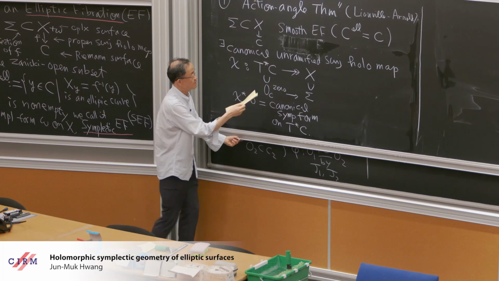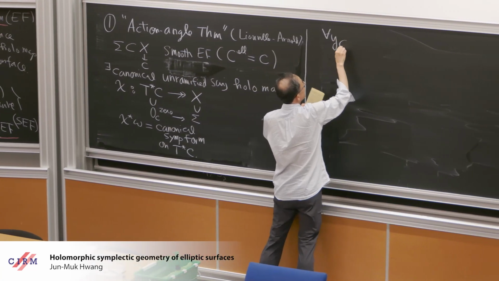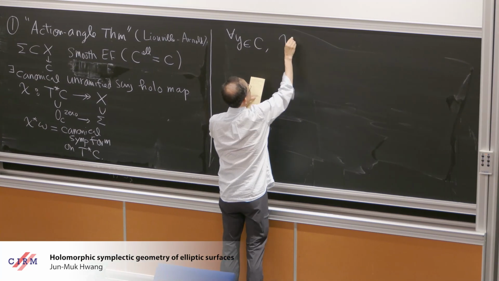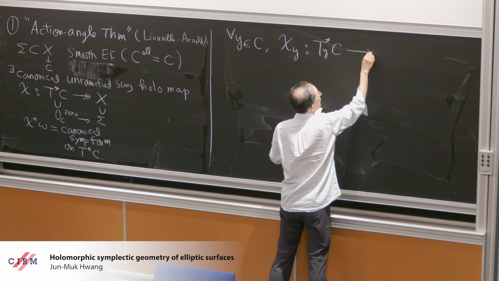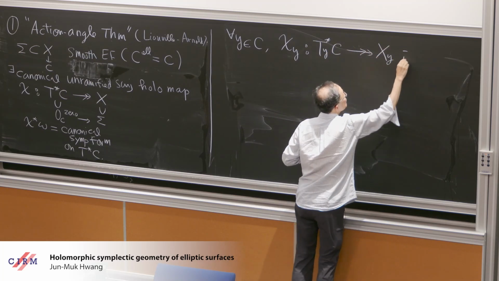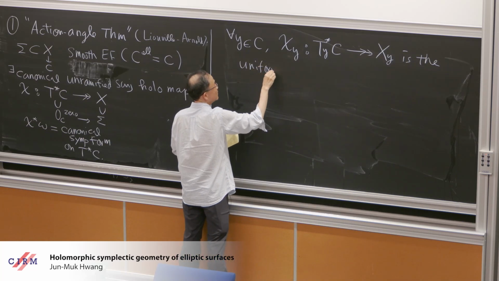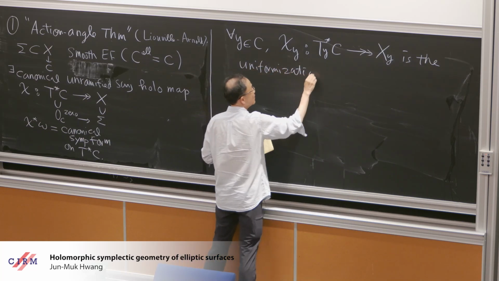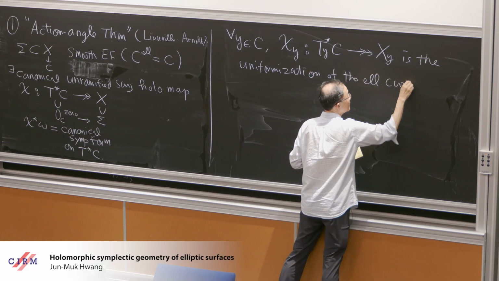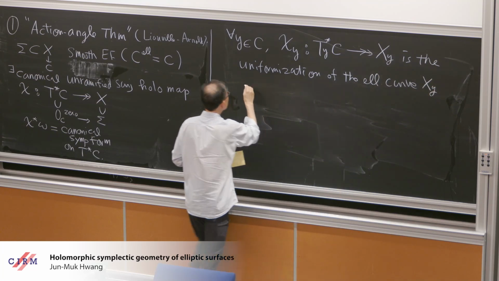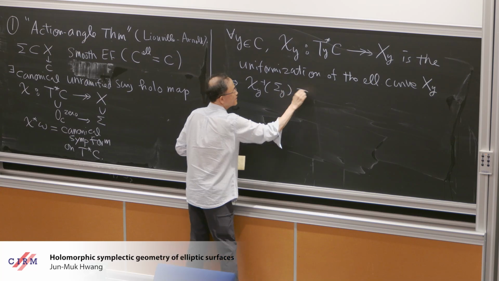And also for any point, the restriction to the fiber is the uniformization over the elliptic curve. So in particular, the inverse image of the section is a lattice.